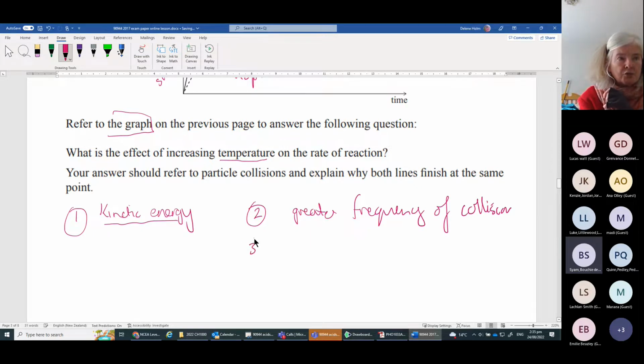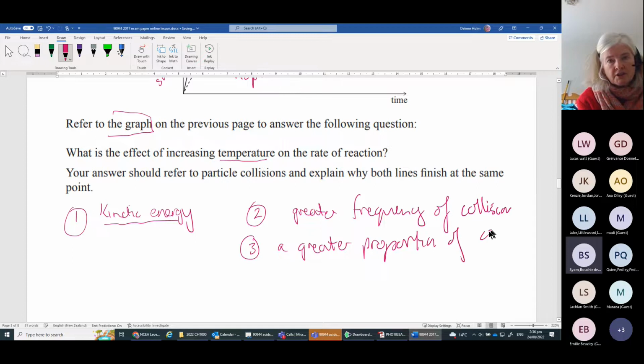Then the third point you need to raise, because remember I said there were 2 parts to the temperature effect. The first one is moving faster, greater frequency of collisions. And then this one is a really important one, is that a greater proportion of collisions exceed the activation energy.